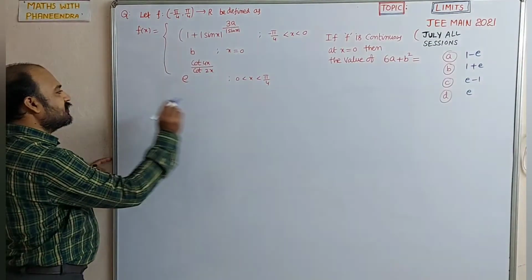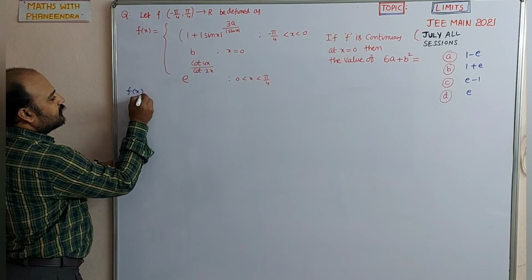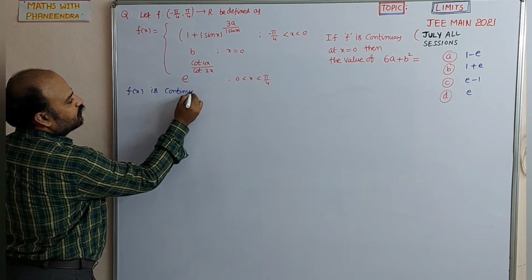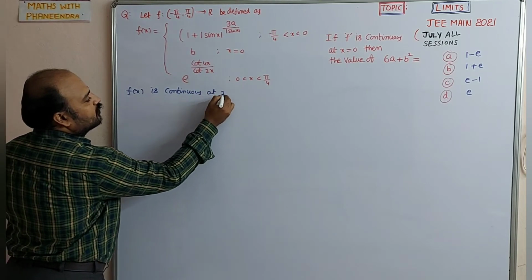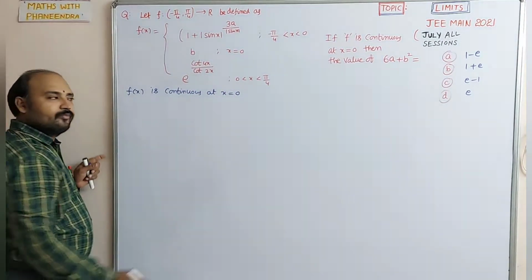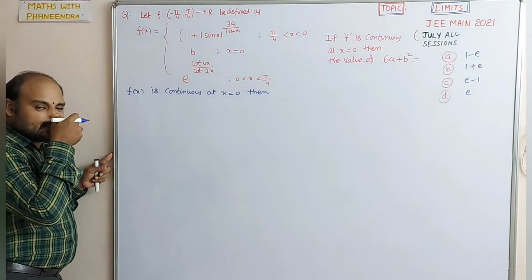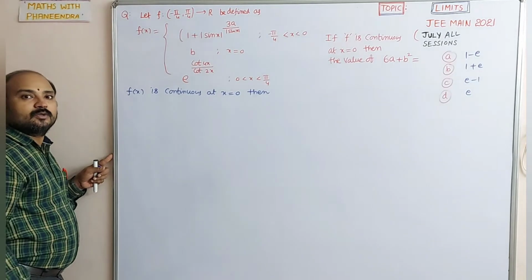So, first you write f of x is continuous at x is equal to 0.